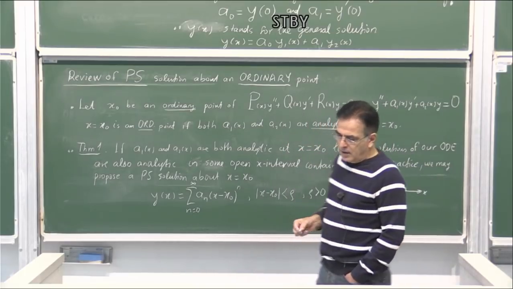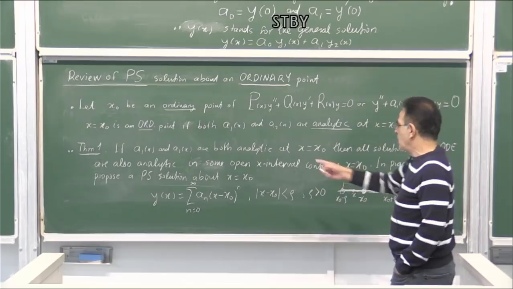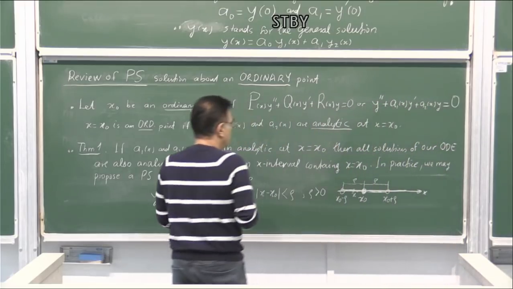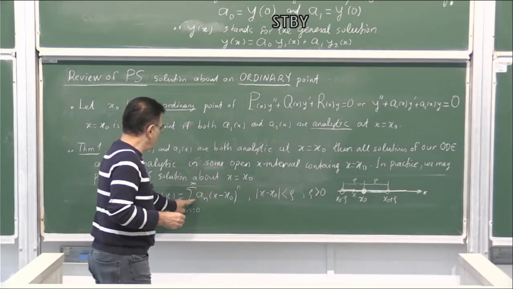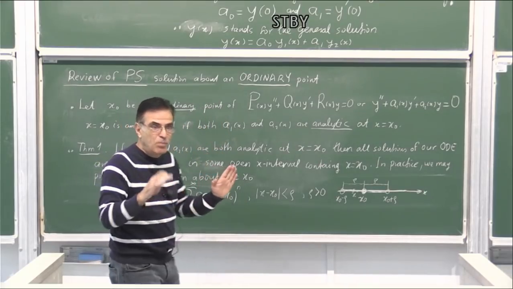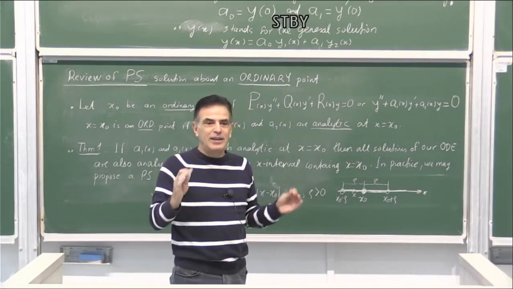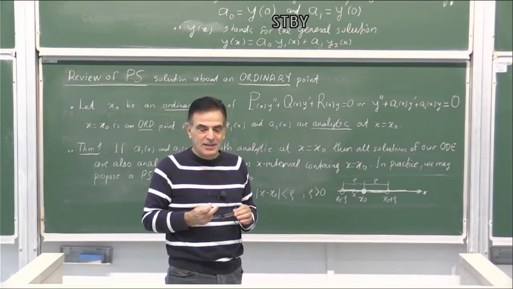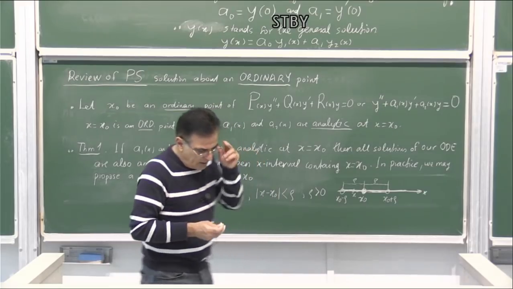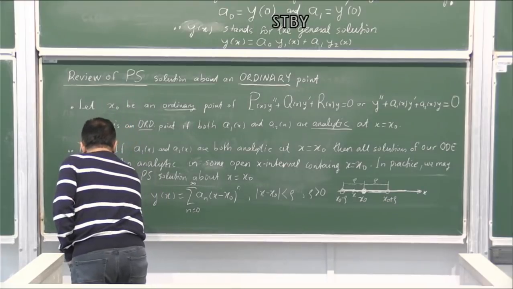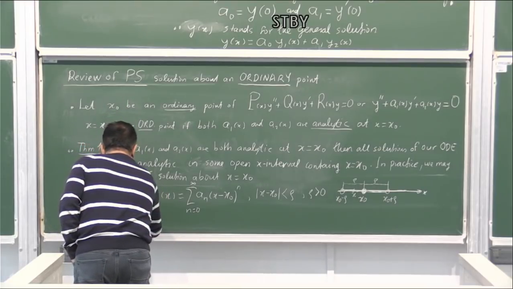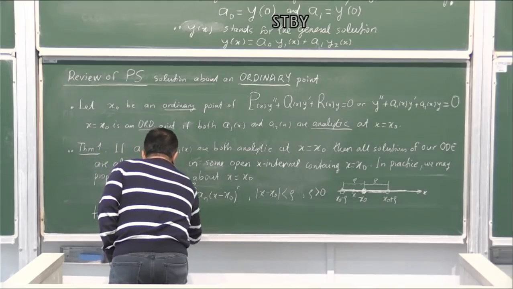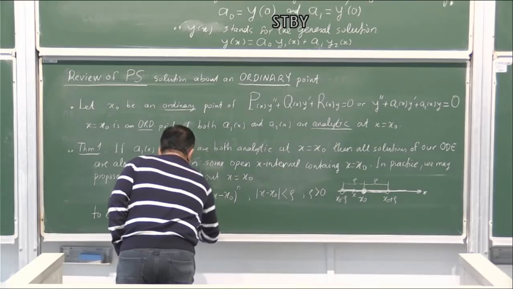Now, about x equal to x0, we may propose a solution of this form, and we establish both two linearly independent solutions in terms of power series, right?